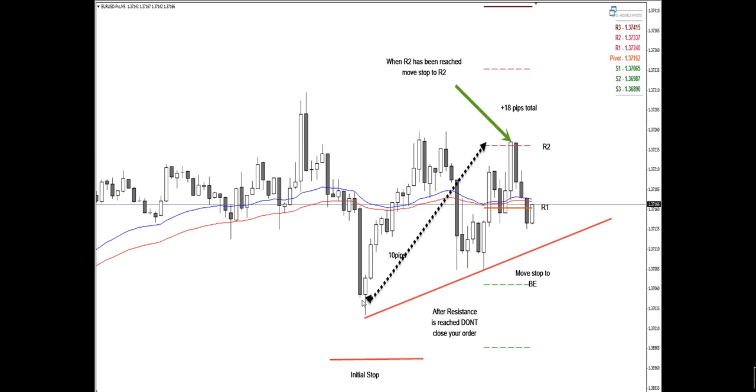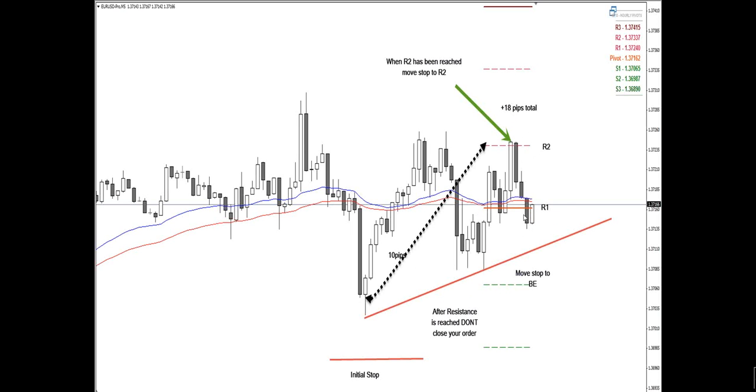So when the price moves to R1, you can move your stop to break even, effectively securing your trade from a potential loss. But when price hits R2 and breaks it by 2 or 3 points, you move your stop to R2. Why don't we move our stops to R1 once the price reaches and breaks R1 by 2 or 3 pips?